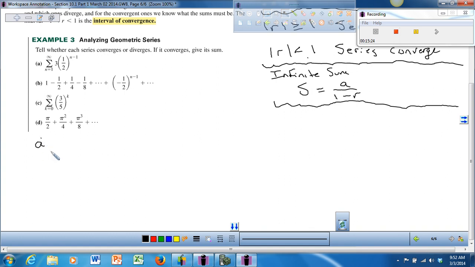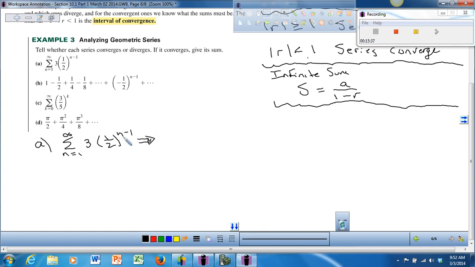All right. In A, they're giving us sigma notation from n equals 1 to infinity of 3 times 1/2 to the n minus 1. Now, we'll get better at recognizing that as geometric, but through all of the series chapter, it's easiest, I think, if you write out the first 3 or 4 terms. So what is my first term?